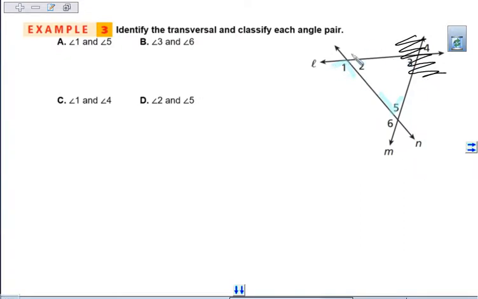Now, look at what we have here. I traced angle 1 and angle 5. They are both on line N, so line N is our transversal.